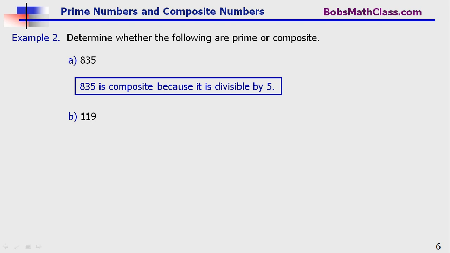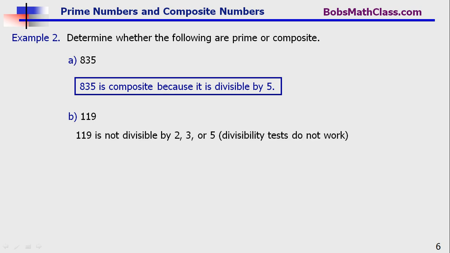Okay, 119. Again, we start with 2, and then 3, and then 5. So 2, no, it's not even. 3, 1 plus 1 plus 9, that's 11, no. 5, not a 0 or 5 at the end, no. So those tests do not work.